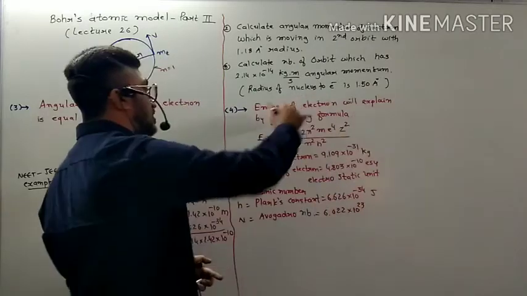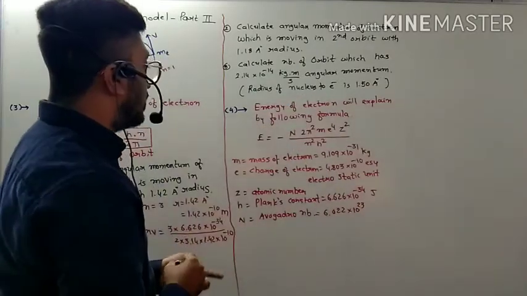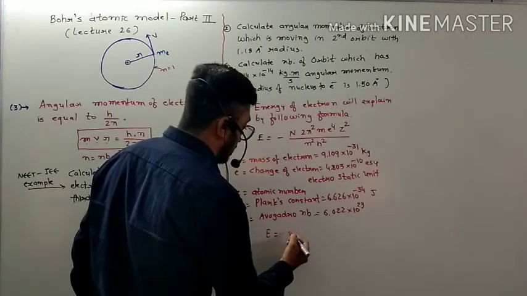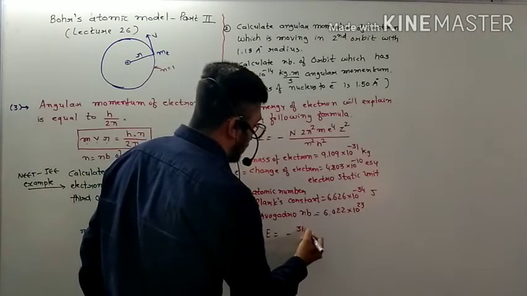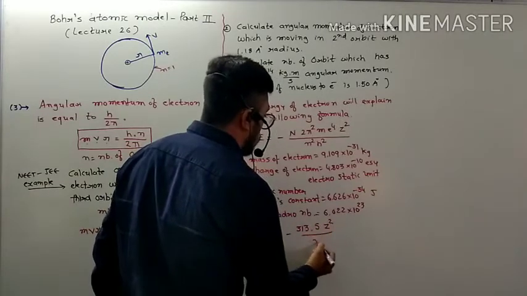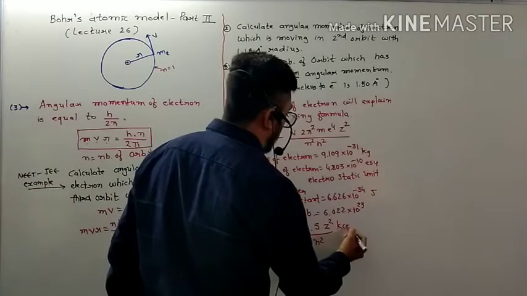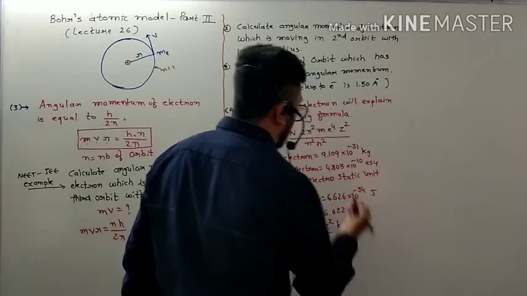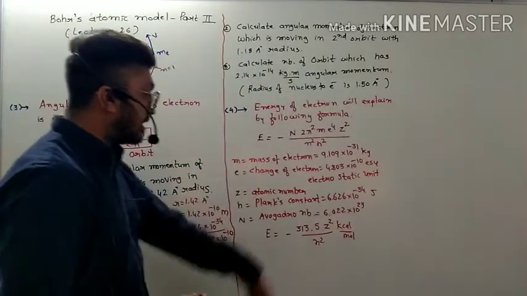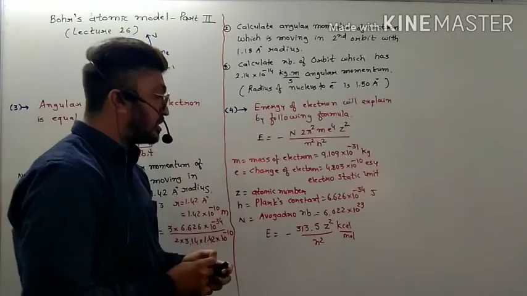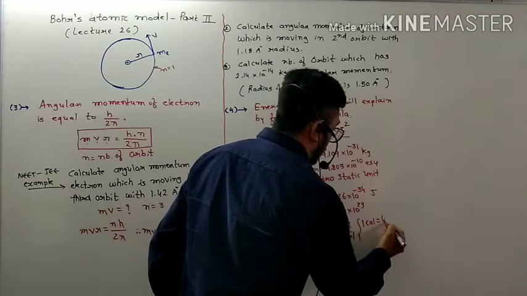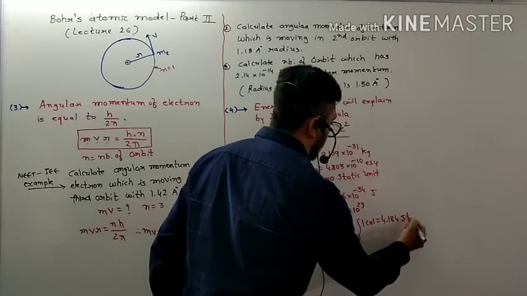If we put all the values in the above formula, we get the final answer, which is 313.5 z square upon n square, but now the value is in kilocalorie per mole. Remember students, this formula: minus 313.5 z square upon n square kilocalorie per mole. 1 calorie is equal to 4.184 joule.